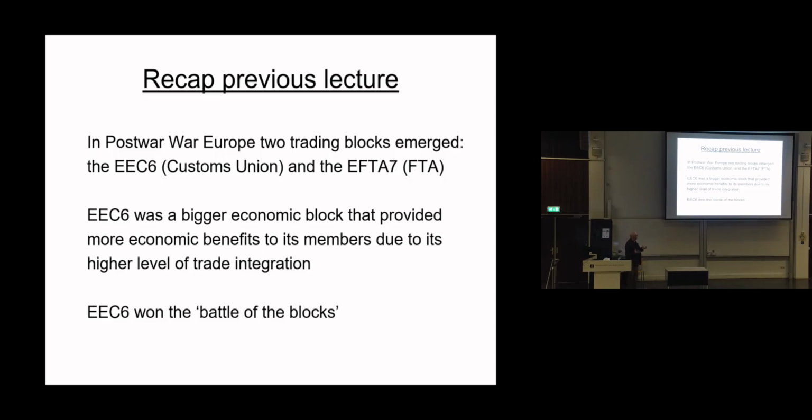We saw that the EEC6, the six founding fathers of the European Union, were a bigger bloc that provided more economic benefits and as such attracted more other countries into its orbit, if you will. Pomfret says the EEC6 won the battle of the blocs.